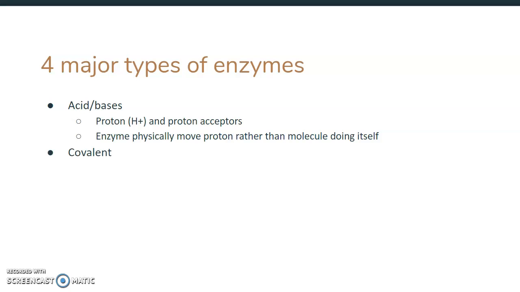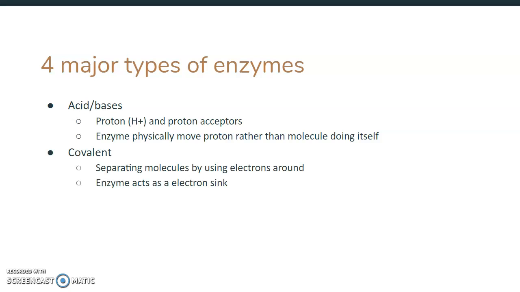We have covalent enzymes. There are multiple different types of bonds that we have when we have chemicals and compounds and molecules, and a covalent enzyme just separates any molecules that are covalently bonded by using other electrons around.